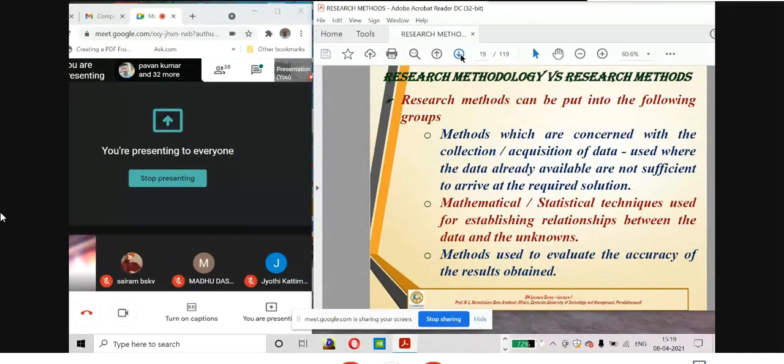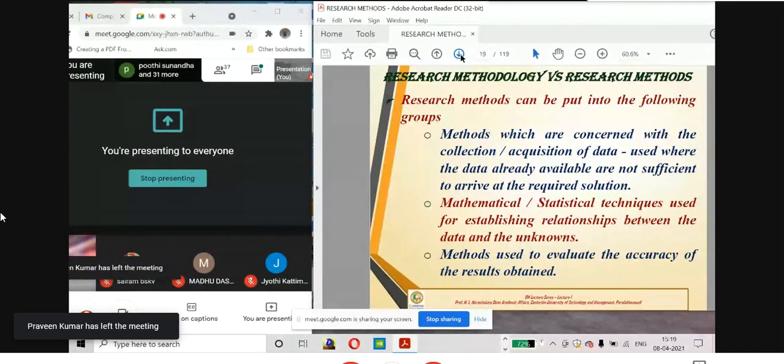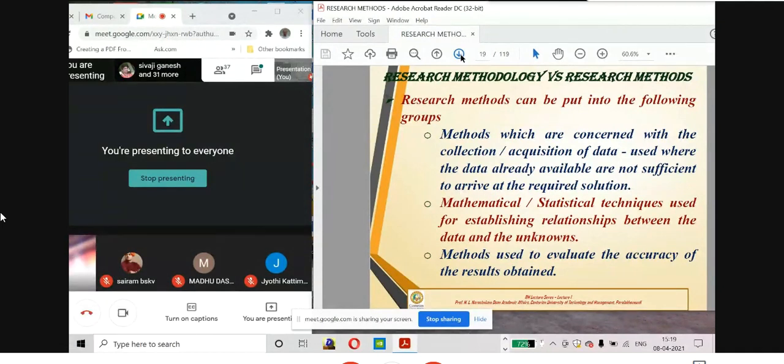So you have certain data, you have certain observation, and you have to link these two. To link these two, you have to carry out certain analysis, for which you follow certain mathematical methods or statistical techniques. So the second method is the mathematical and statistical technique.